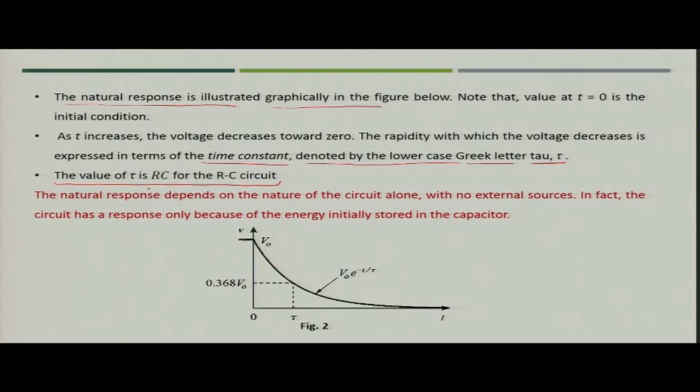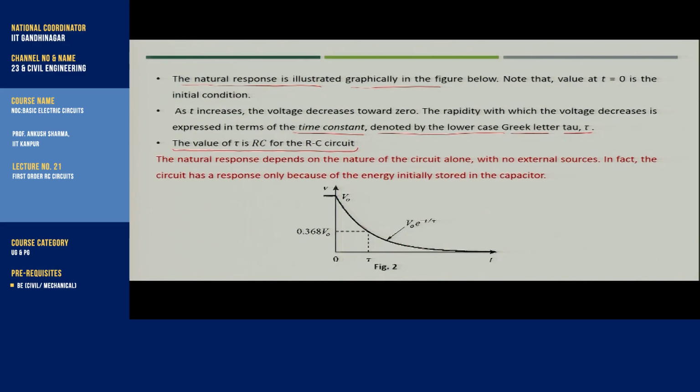If you put the value of tau in the circuit, the voltage V will become V naught into e to the power minus t by tau. When you plot this function with respect to time, you will see that it is exponentially decaying.